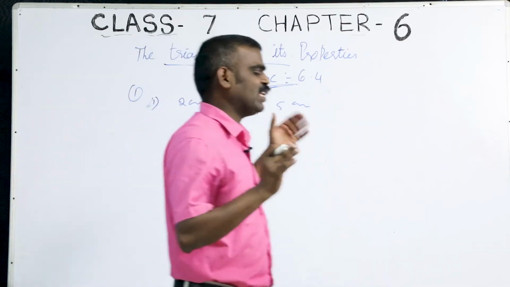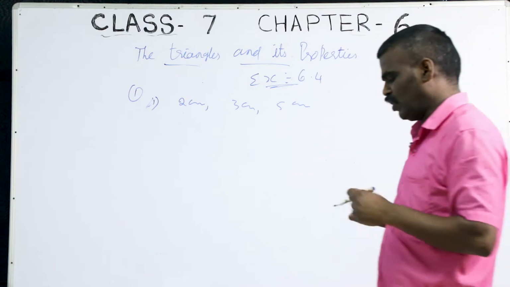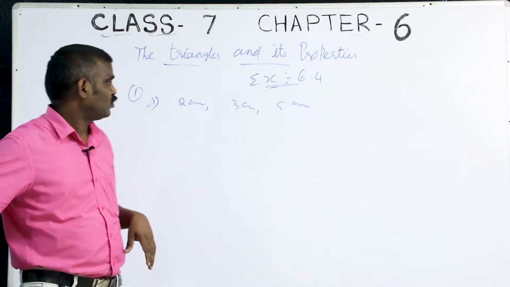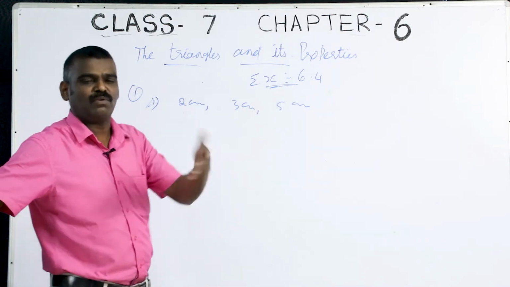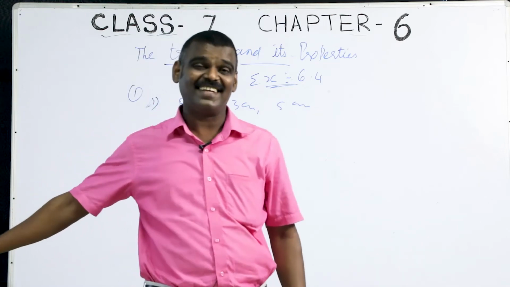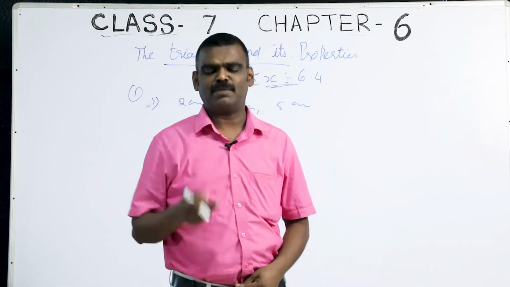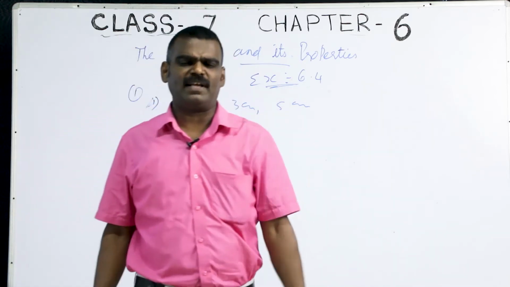With this measurement, whether you can draw a triangle or not, you have to find out. How will you know? You think, 2 centimeter, 3 centimeter, you measure, sir, you draw, you will get a triangle, isn't it? You are thinking like that, right? Actually, it may be correct, may not be. Let us see.